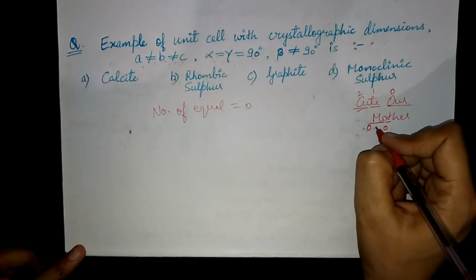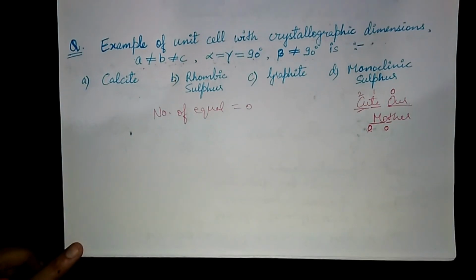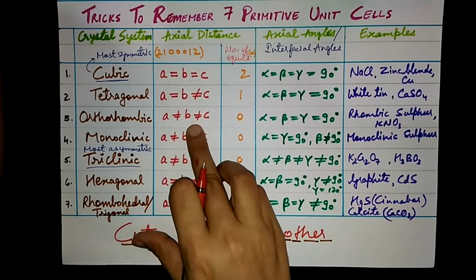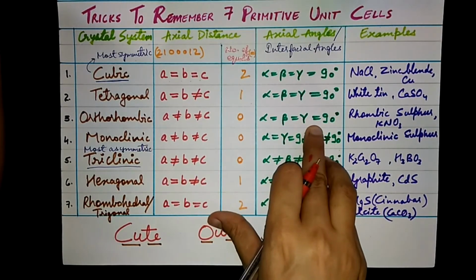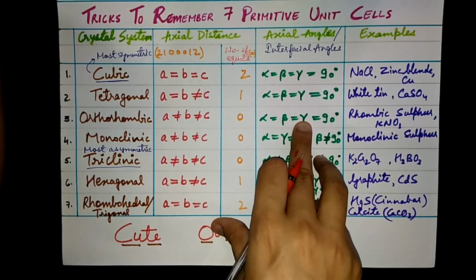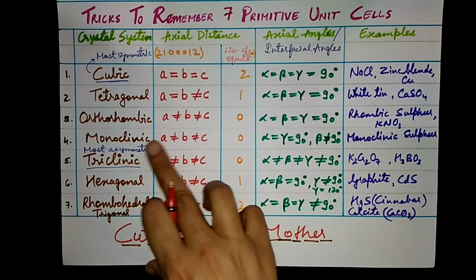Just see that in orthorhombic we have seen all the axial angles equal, but in our dimensions given in the question, the axial angles are not all equal. So next, monoclinic.